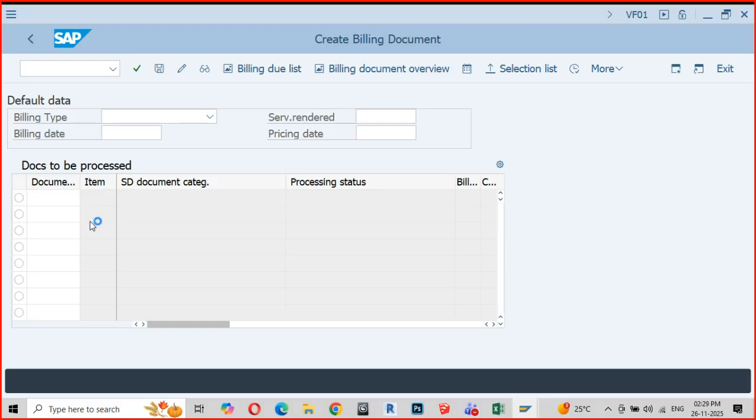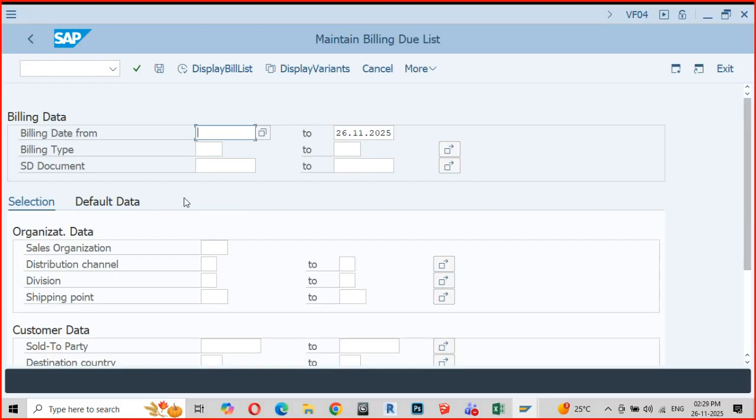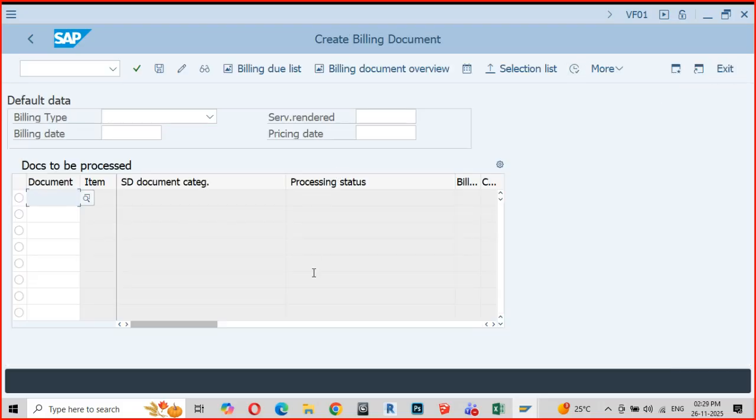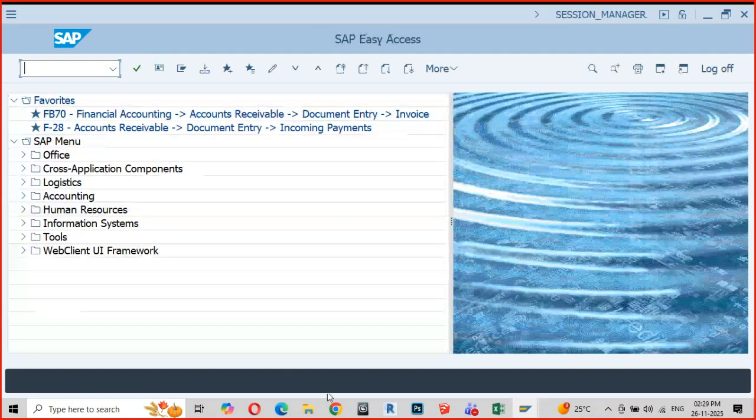What is there here? Let me just check. Okay, not. So that's why I said the data needs to be complete. Yeah.